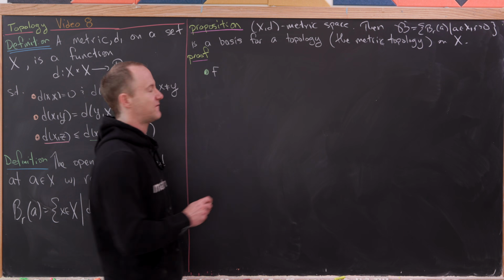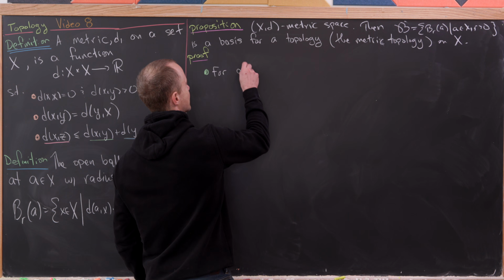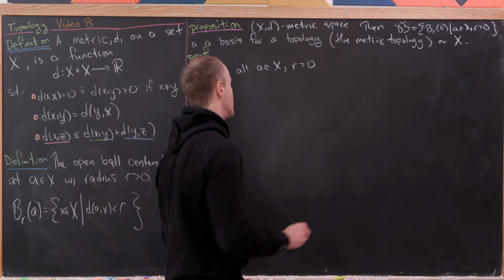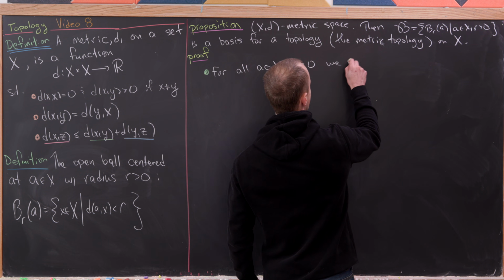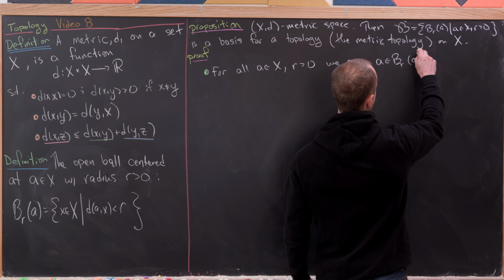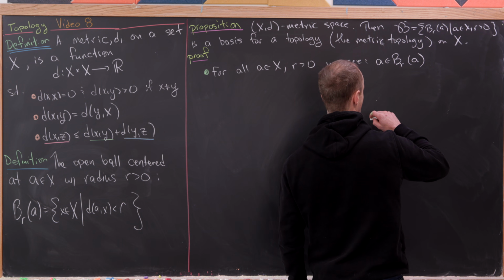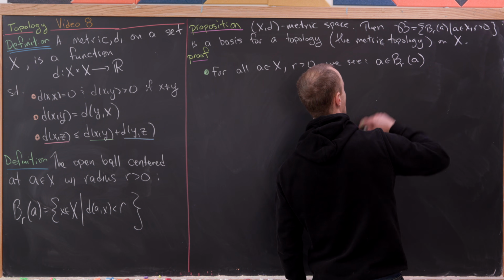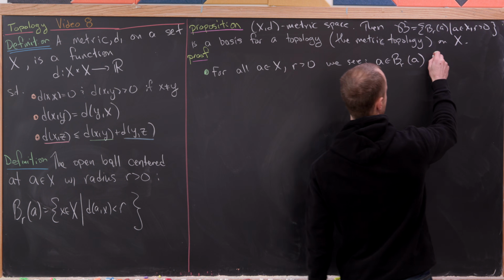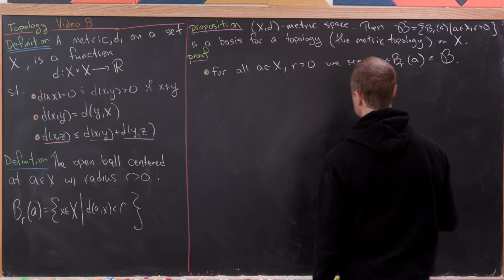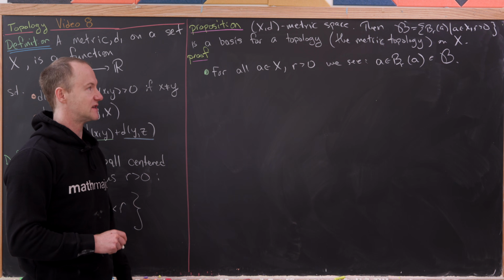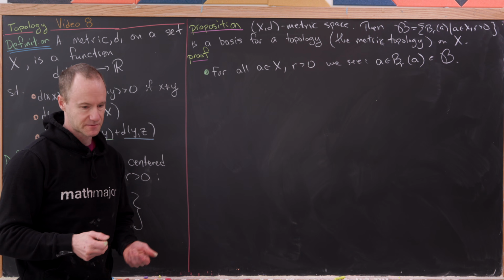In this case, it's fairly easy because notice that for all A in X, and if we take all R bigger than or equal to 0, we see that A is most definitely inside of the ball of radius R centered at A. But this ball of radius R centered at A is within this set that we want to be a basis. So we're good to go there. Everything is in one of these basis sets.